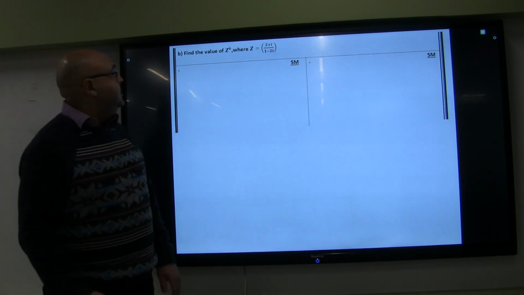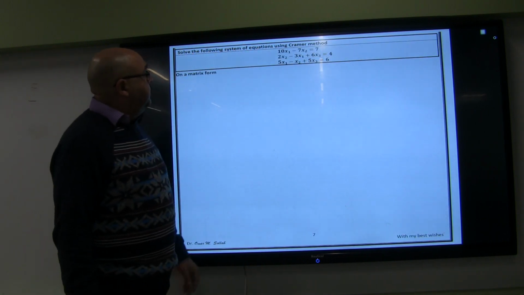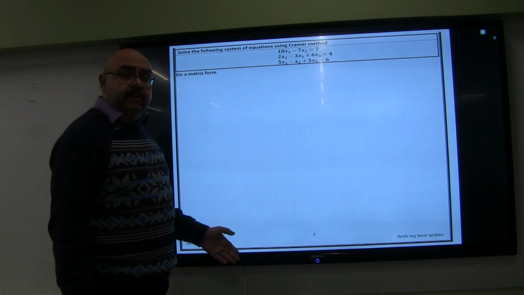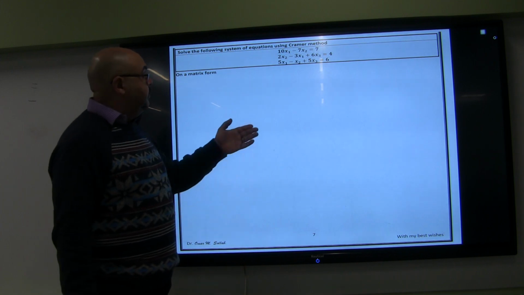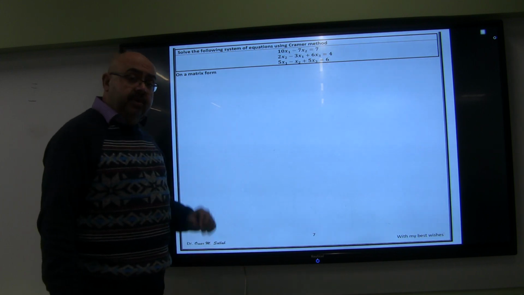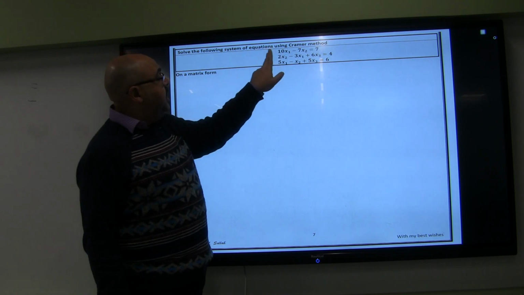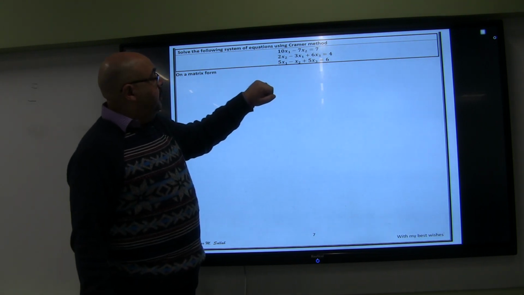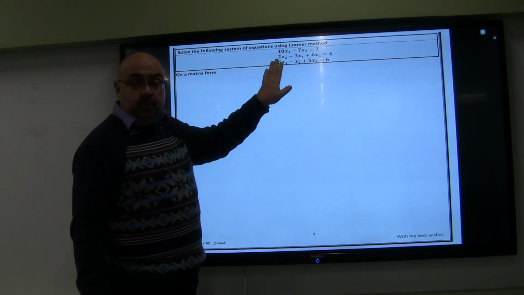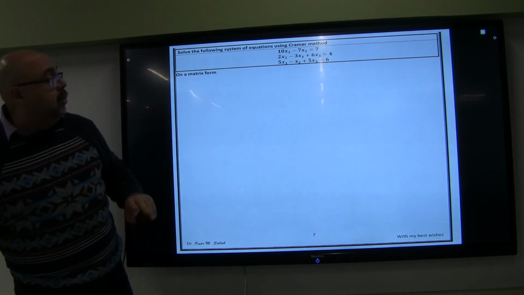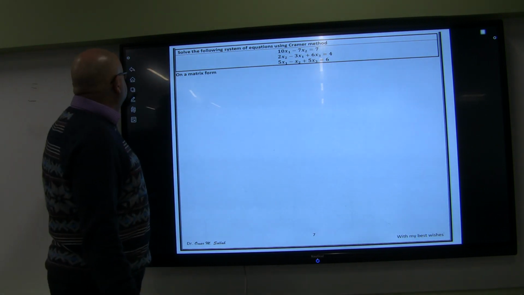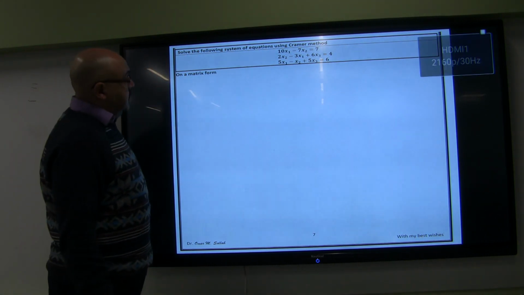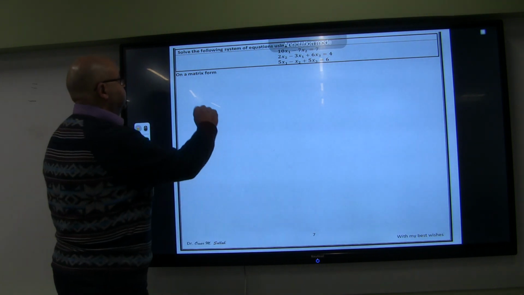I believe this is the final problem. You will have the Cramer method. I've already stated a previous problem on the Cramer method. First of all, you will have to rearrange the system and put it in matrix form.